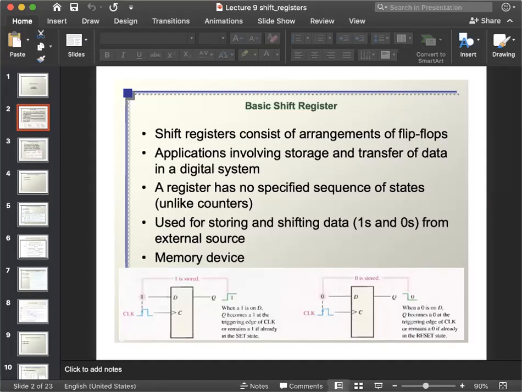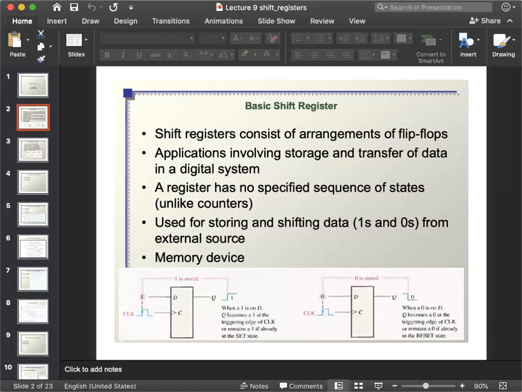So a shift register consists of an arrangement of flip-flops. A flip-flop is a sequential circuit which has a clock. Many of you know about flip-flops, but I am saying it once more. It is a sequential circuit which will have a clock, so that when the clock ticks, one data is processed in there. So basically a shift register consists of these flip-flops, storing and transferring the whole data, and this whole setup is called the shift register.